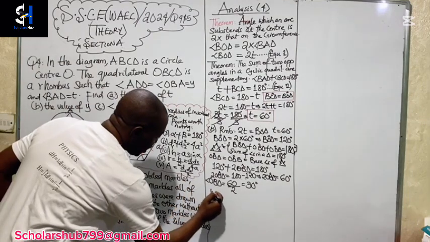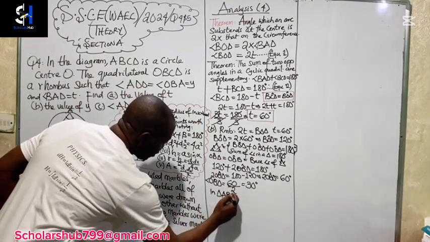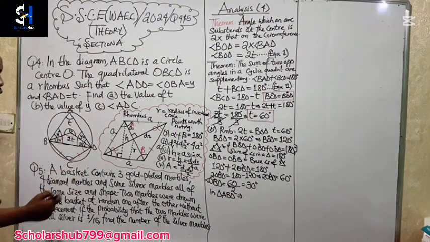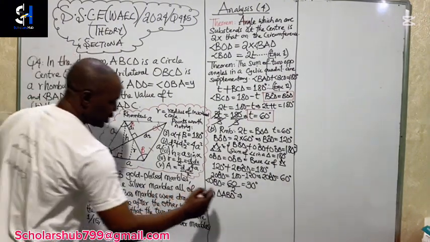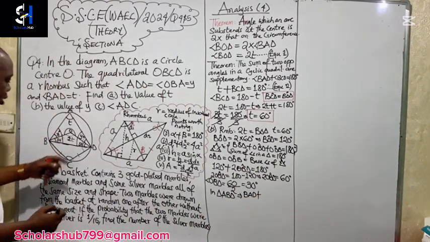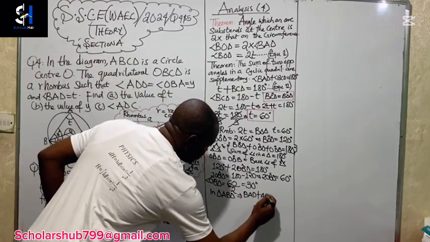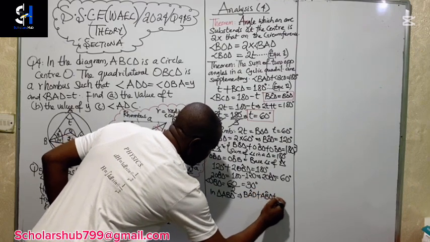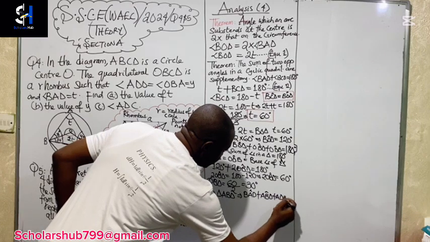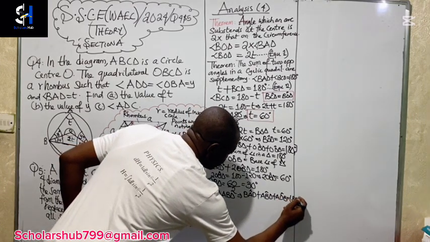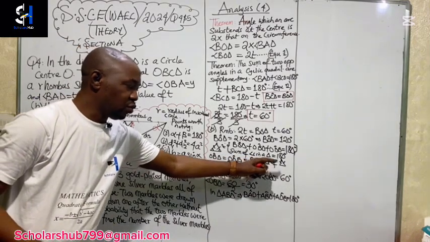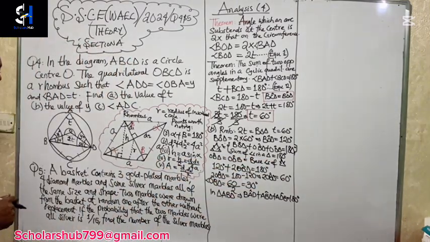In triangle ABD, listen, we know that BAD is T. BAD plus ABD plus ADB is equal to 180 degrees. The reason: sum of angles in a triangle equals 180 degrees.